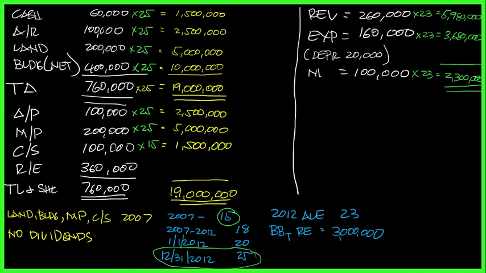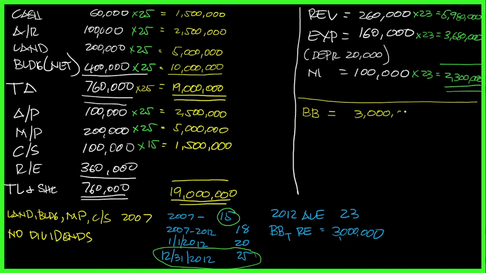Ta-da! Let's go to your translated retained earnings. Okay. The beginning balance was translated at 3 million.